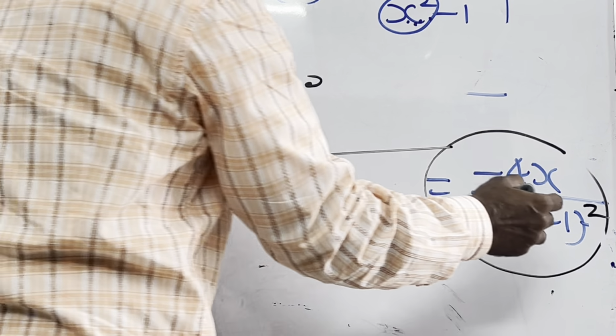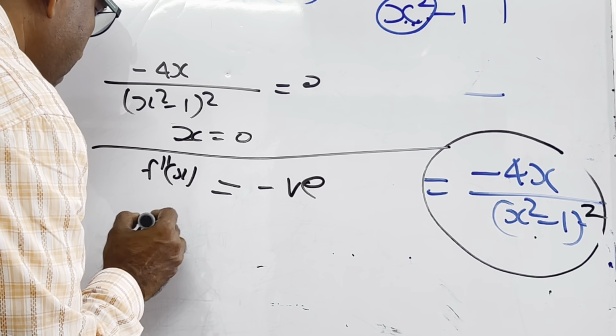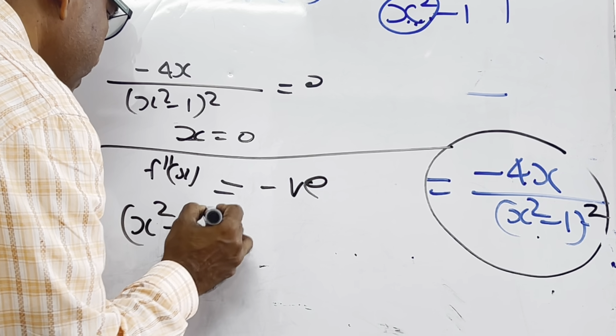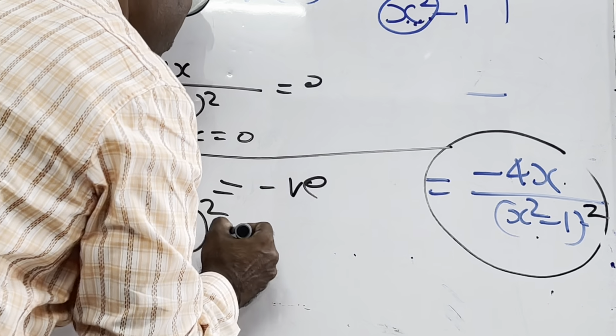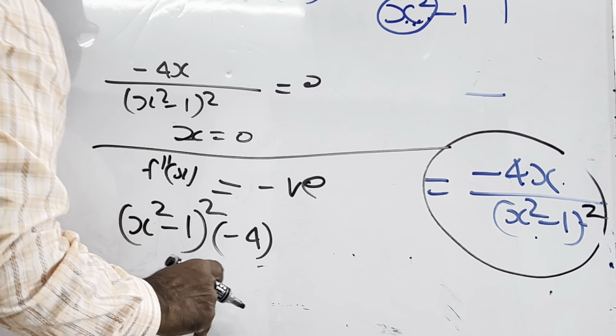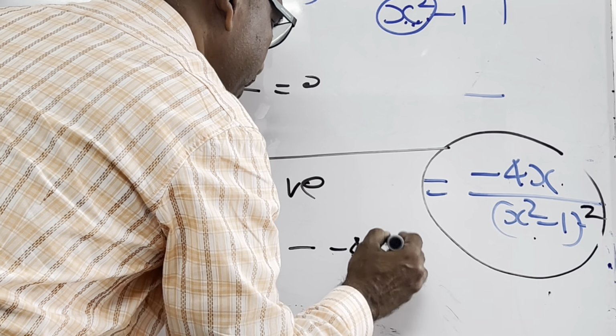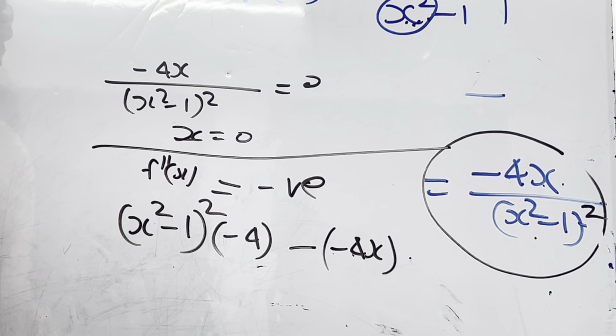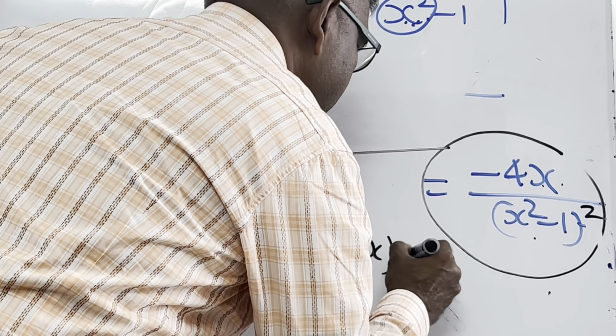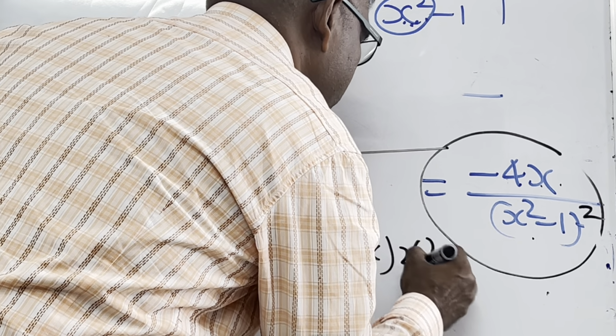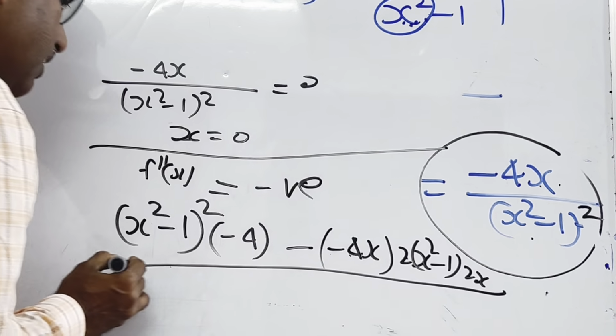Differentiate again. V is x squared minus 1 whole square. U dash is minus 4; u is minus 4x. V dash is 2 times x squared minus 1 times 2x.